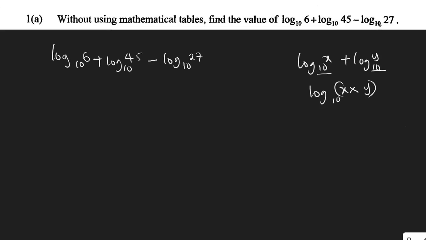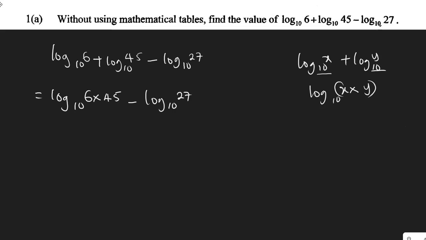So we're going to use the same thing. Since all the bases are the same, addition turns to multiplication and subtraction turns to division. So this is going to be log base 10 of 6, then this addition turns to multiplication, so we multiply by 45, minus log 27 base 10.